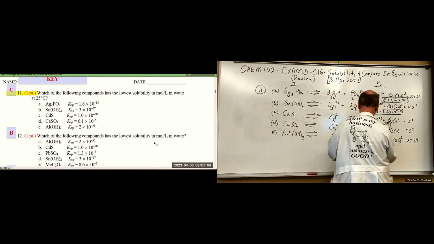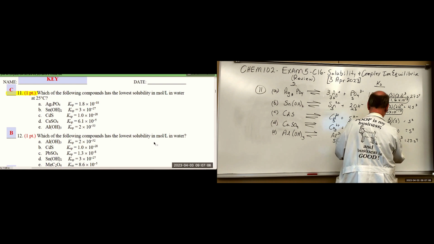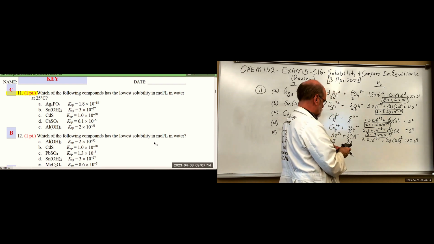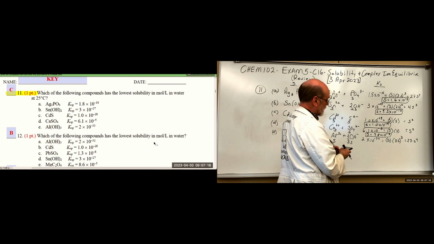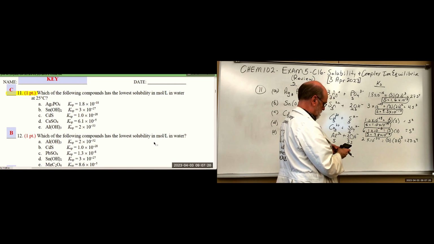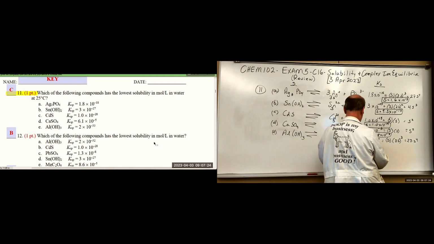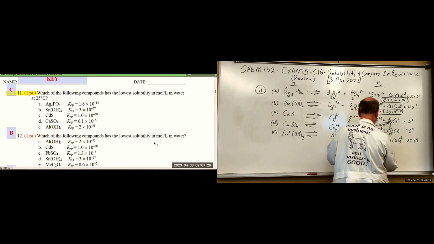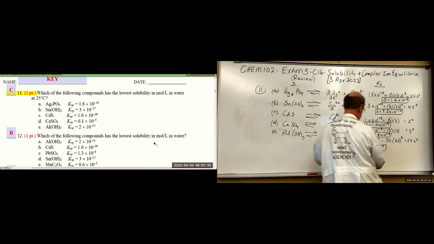So this s is equal to 7.8 times 10 to the minus 3. And the last one, 2 exponent 33. Divide by 27 and then take the 4th root of it. And this one is, let's see, only one significant figure: 3 times 10 to the minus 9.